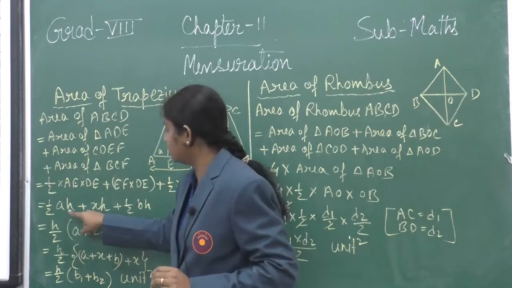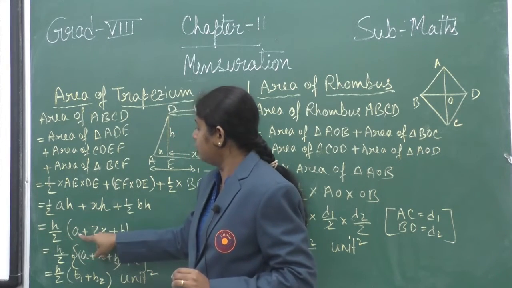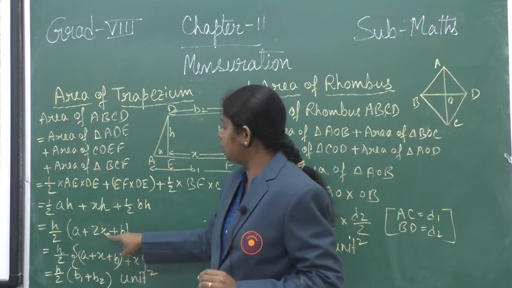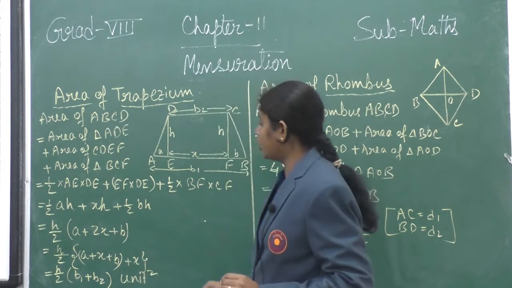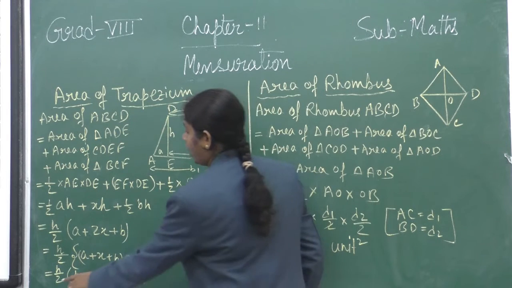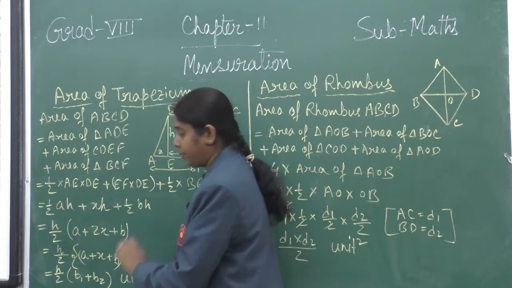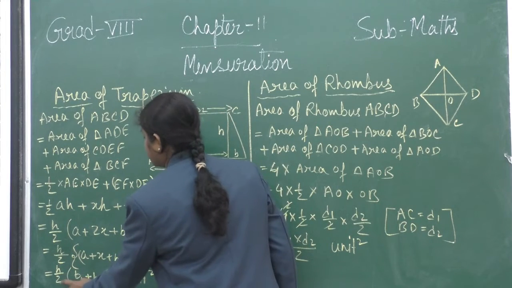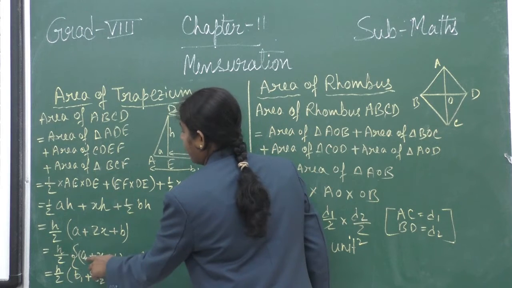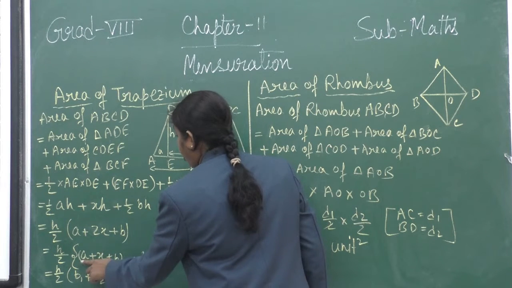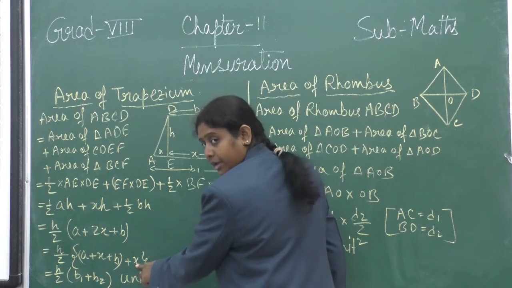Taking H by 2 common, it gives you A plus 2X plus B, and after doing the calculations, our final formula of the area of trapezium is H by 2 into (B1 plus B2), where B1 is the value of the sum of A plus X plus B and B2 is the value of X.